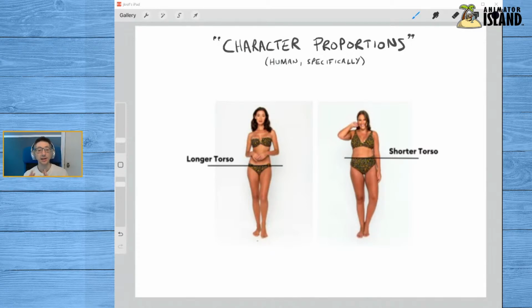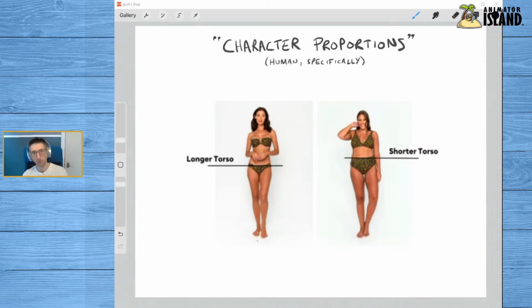So, for example, if you took two people who had almost identical skeletal structures and you put them next to each other, and one of them nearly starved themselves to death and was just skin and bones, and the other one ate ravenously and never exercised and became very overweight, they would have dramatically different body types, but their proportions, which is down to the skeletal level, is going to be very similar. And so that's, I think, an easy way to tell the difference between proportions and body type.